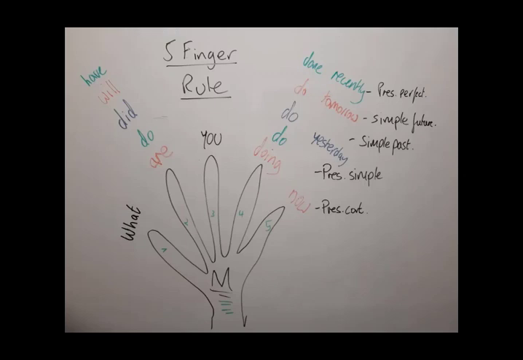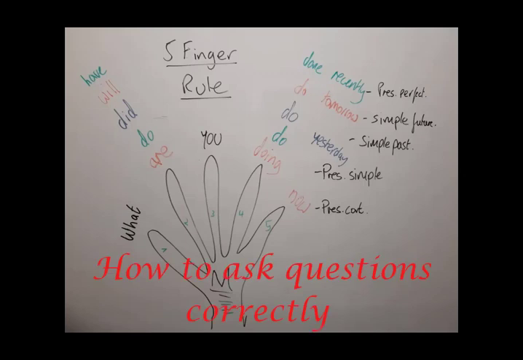Today it's all about the 5-finger rule, but if you stick around I'll explain what I mean by the +1 finger rule. Okay, let's have a look at our fantastic hand and of course the 5 fingers that go with that.